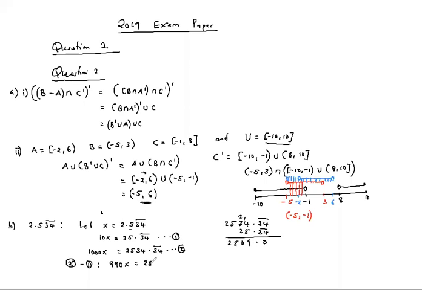So we have 2509. Then you divide by 990, you divide by 990. So x becomes 2509 over 990. So I now leave it for you to see if there's a number that can reduce there.